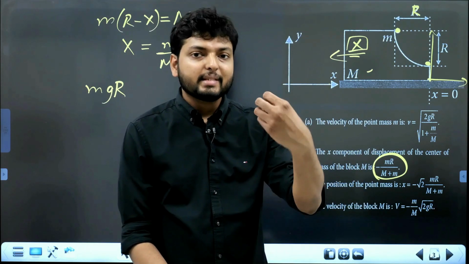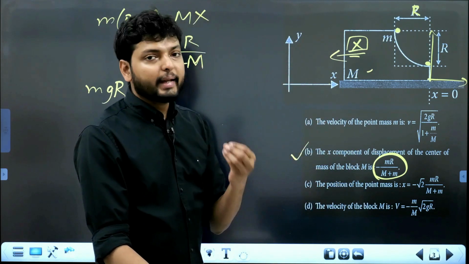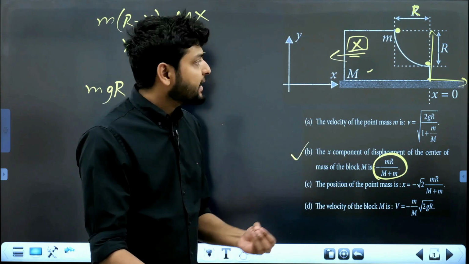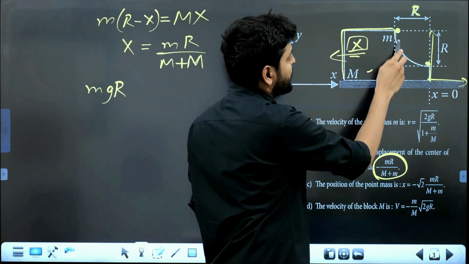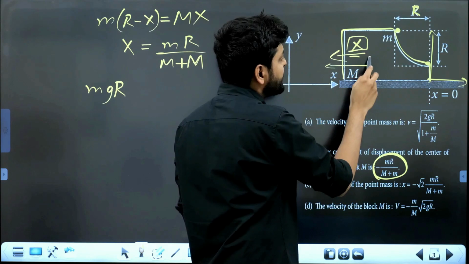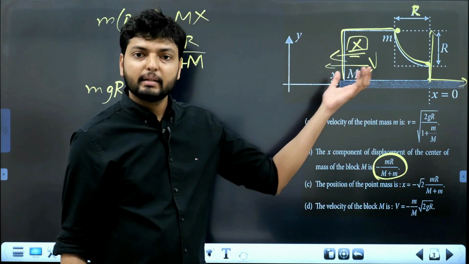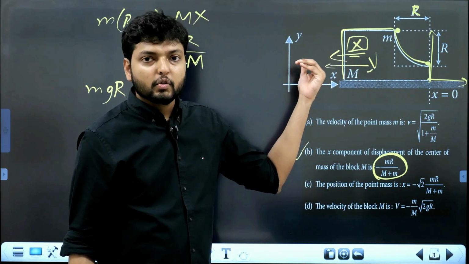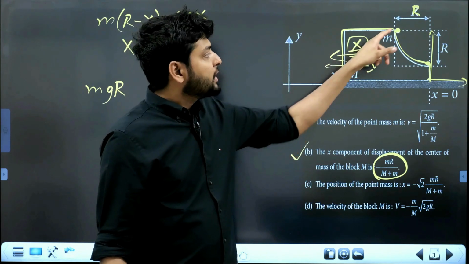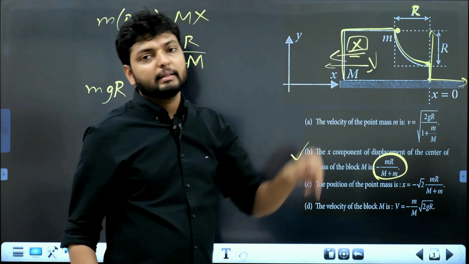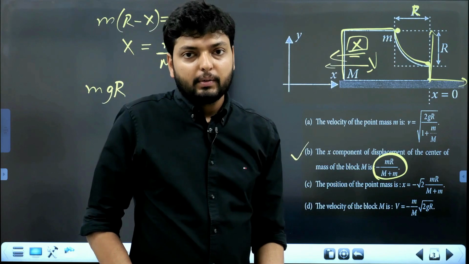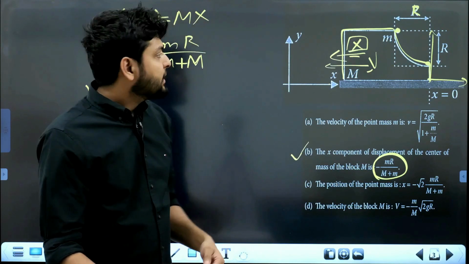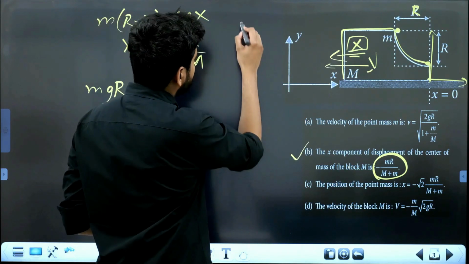This mgr will be converted into the kinetic energy of the system, right? So what mistake we usually make is we forget to include the kinetic energy of this big block, because this is also recoiling to the left. So we have to take the kinetic energy of the point mass and the bigger block, right? And to do that, we can use the earlier derived result.